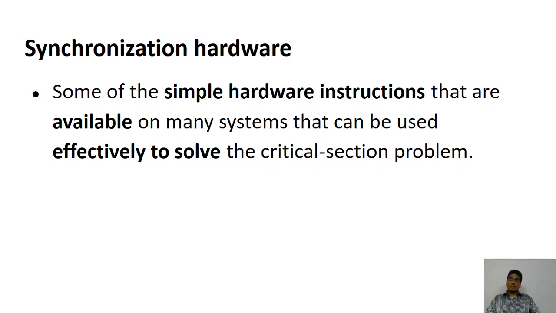So what is being done in most systems is that they have provided us with simple hardware instructions, which are available in almost all systems, that can achieve mutual exclusion and be used to solve the critical section problem. So we can use those simple hardware instructions to quickly achieve mutual exclusion and thereby solve the critical section problem.